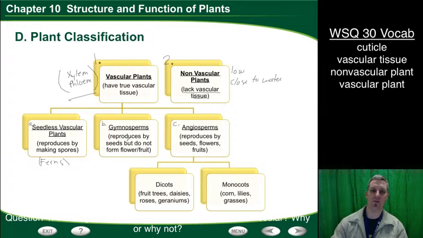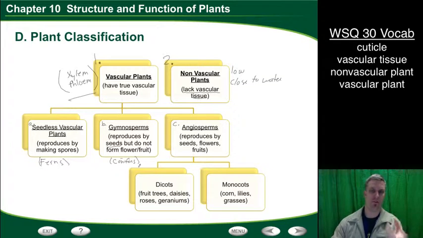Gymnosperms are plants that reproduce by seeds, but they don't have flowers and they don't produce fruits. This would be like conifers. Conifers are trees like redwoods and pine trees where they don't actually produce flowers, okay? And their seeds are naked. They're not covered by a fruit. And the fruit is the flesh that protects the seed.